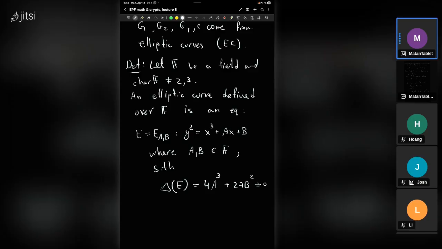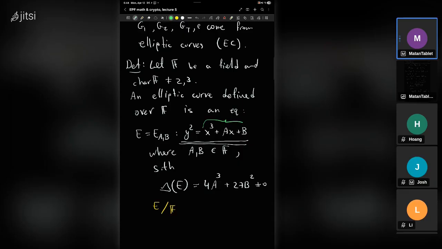Now, why do I say equation? The notation here is E over F. To say you have an elliptic curve over a field F simply means that you have an equation of this form such that the coefficients a and b are in the field.